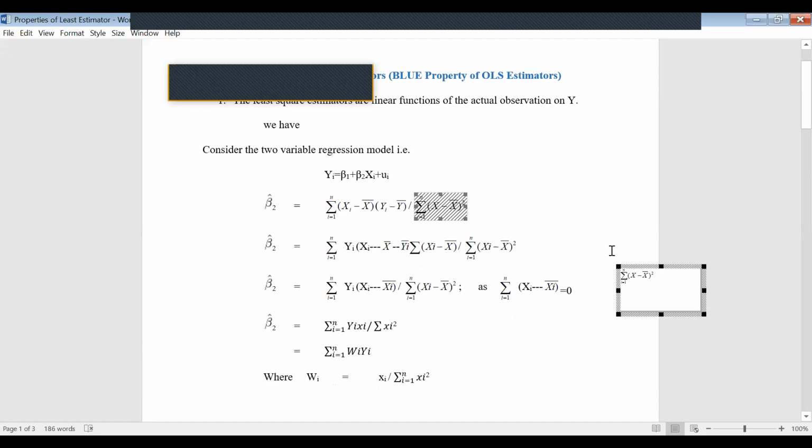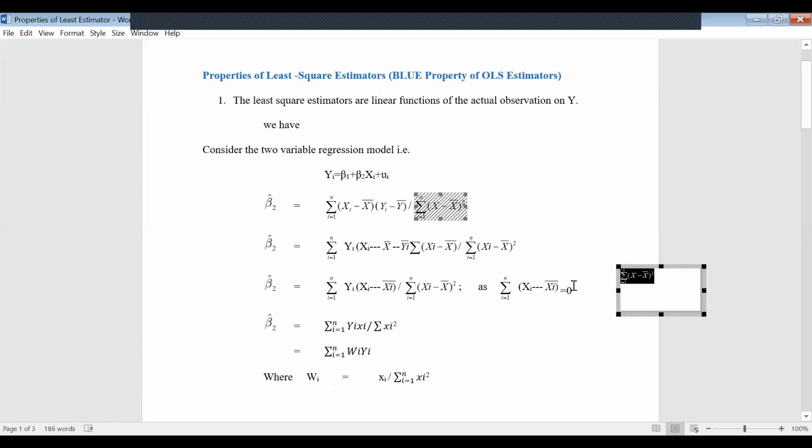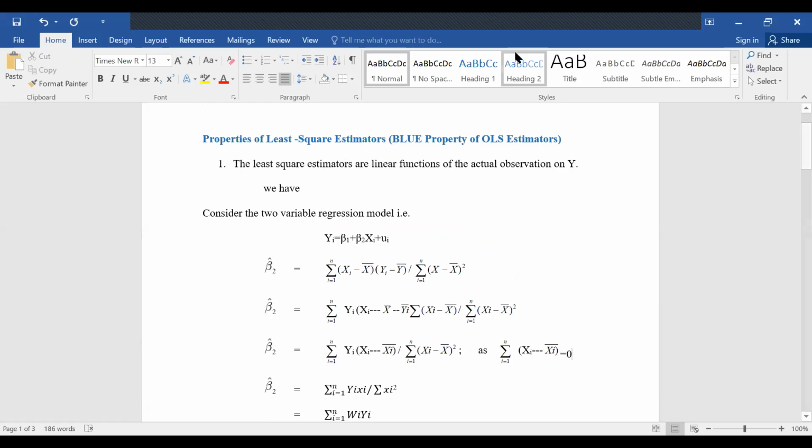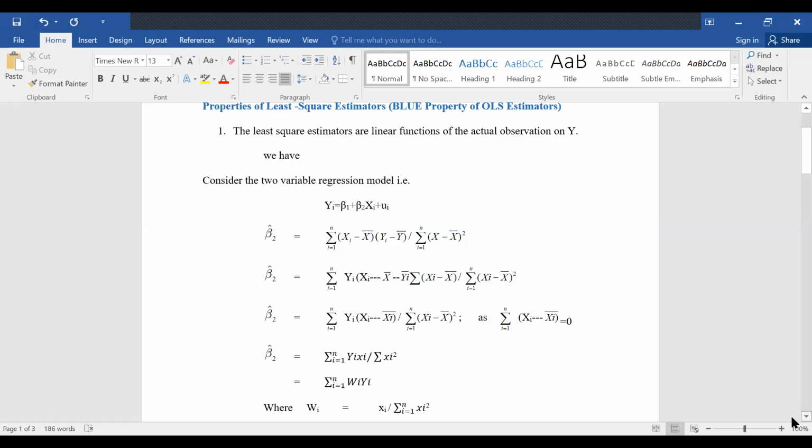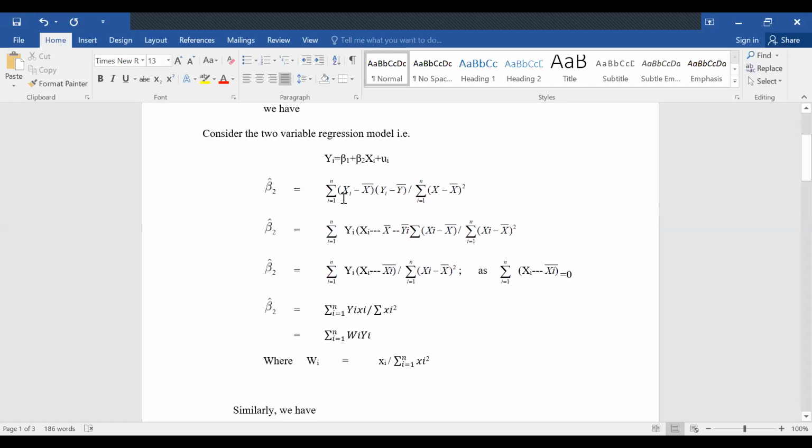Here we have the value of xi, and here is summation (xi minus x bar) whole square. Now beta 2 hat equals summation, and we have to multiply this yi with xi minus x bar.